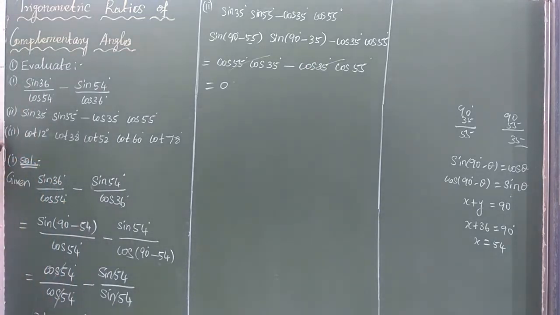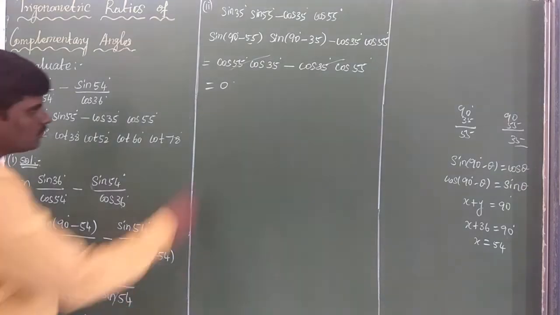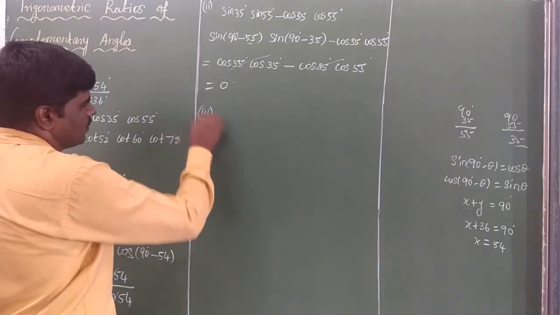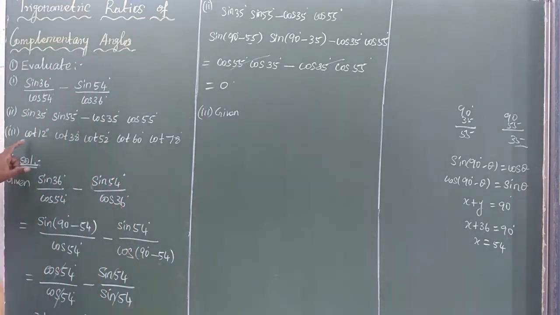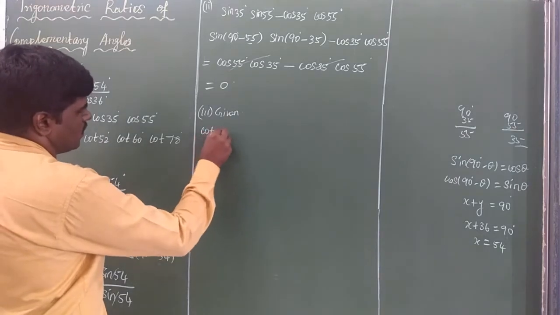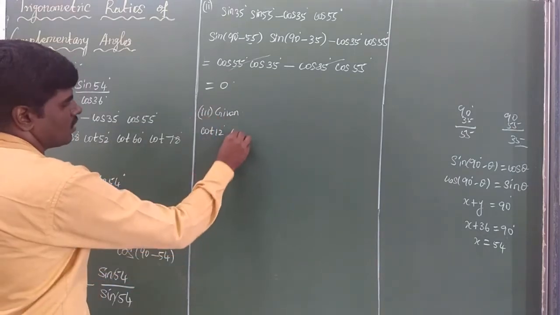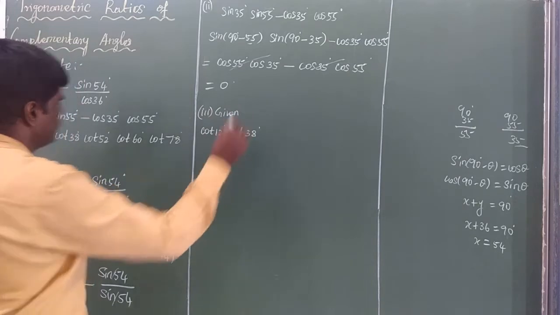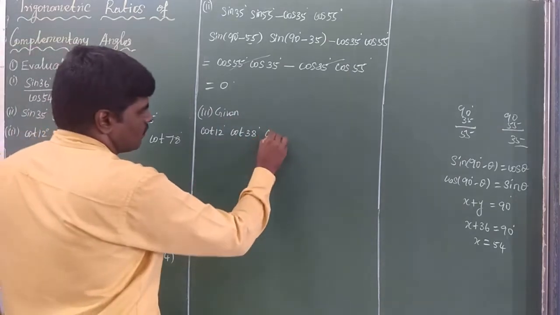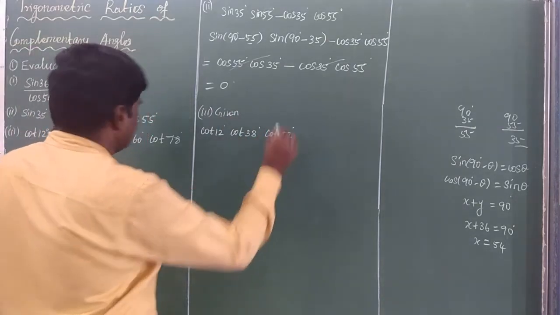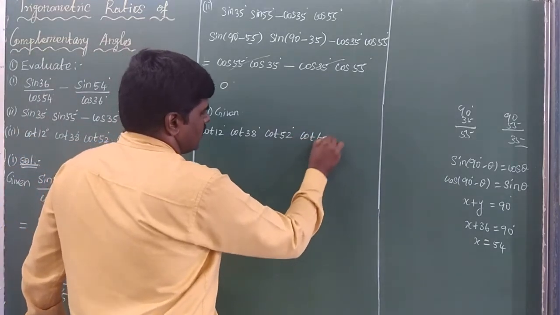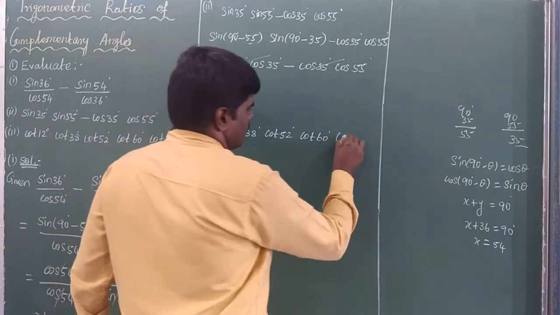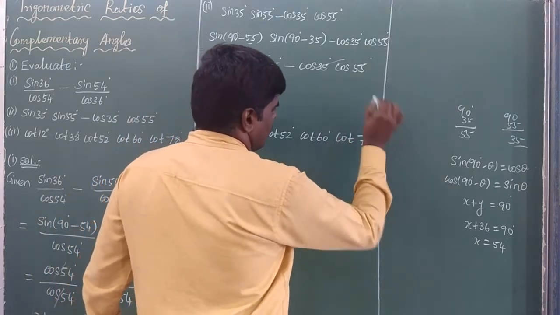Now, in the same way, take one problem. What's given? See the given values: cot 12 degree, cot 38 degree, cot 52 degree, cot 60 degree, next cot 78 degree.